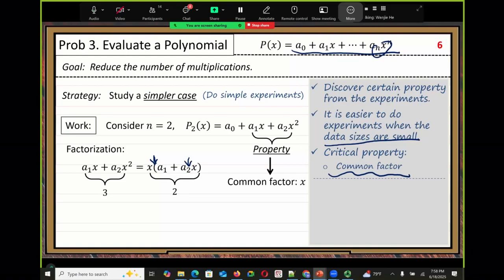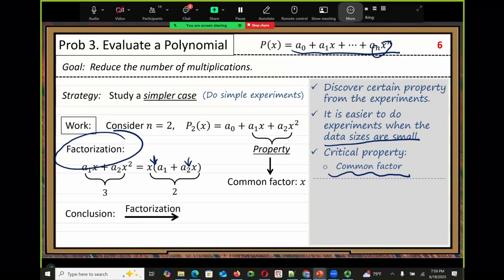If we do factorization in this way, we can improve the number of multiplications. That's the good side. The key to the success of this improvement is that we can do factorization.